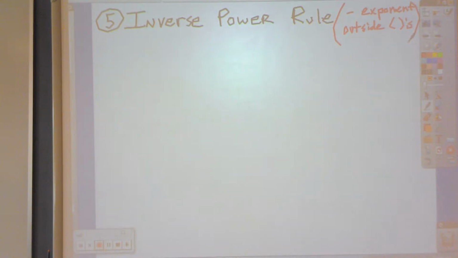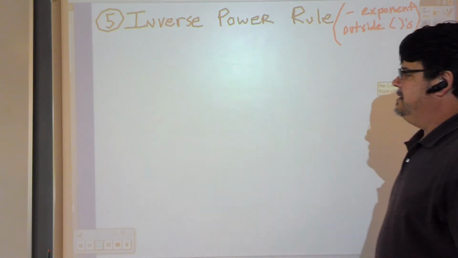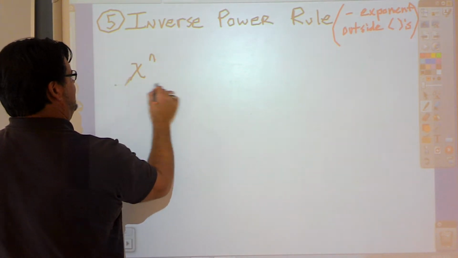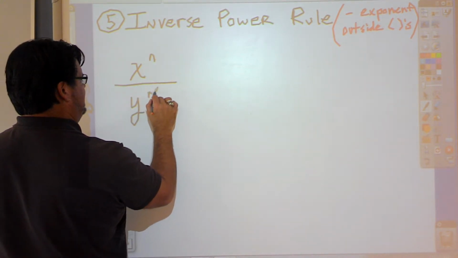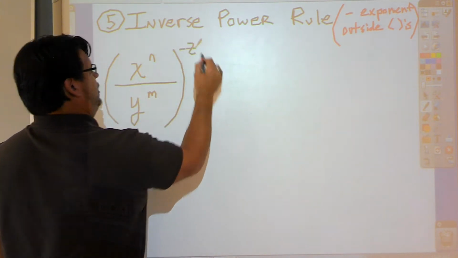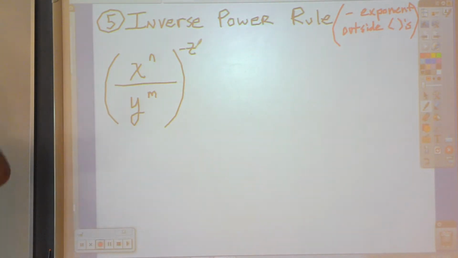So this is an optional rule. And it basically says that if you have x to the n over y to the m raised to the negative z power, I have a negative exponent on the outside of the parentheses.